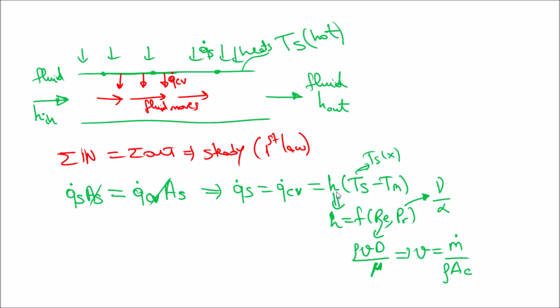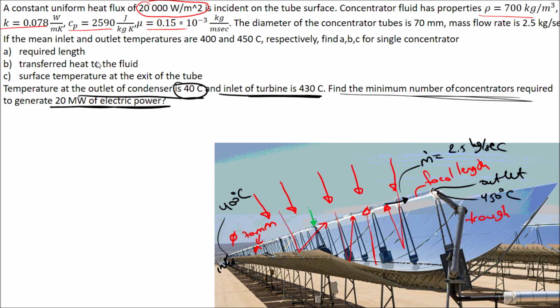If I know the H value, I can apply this equation for the outlet. I know Tm at outlet, that is 450 degrees Celsius, therefore I can find Ts at outlet. This part can be solved easily.